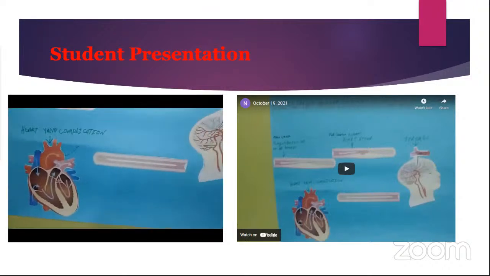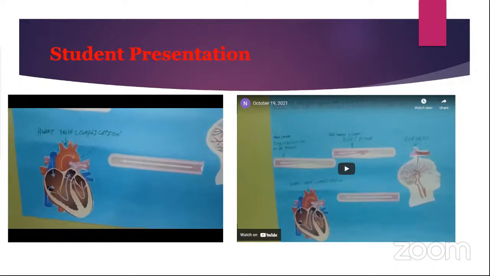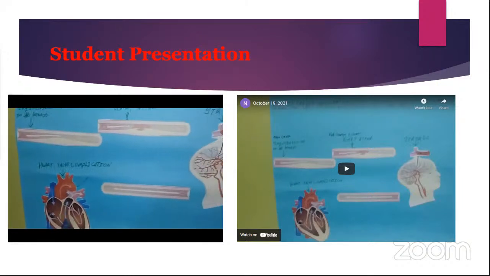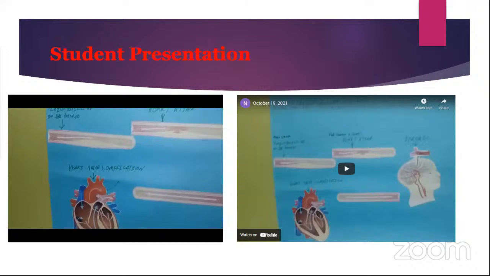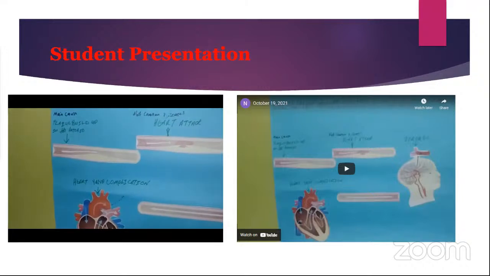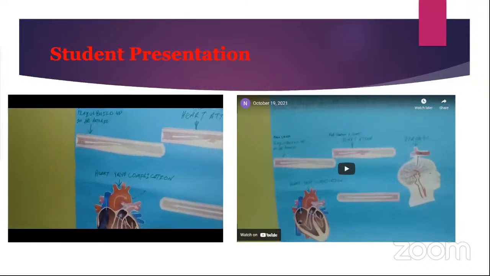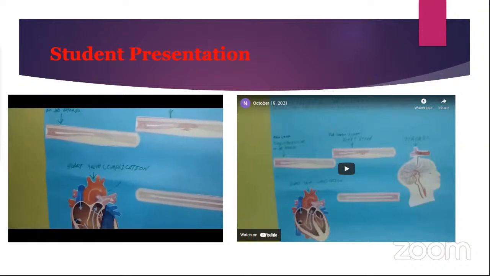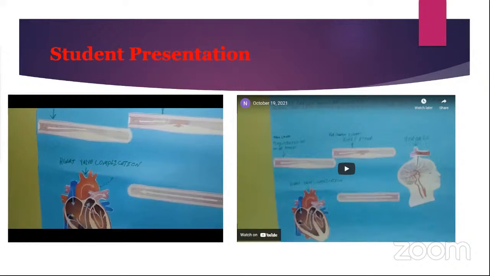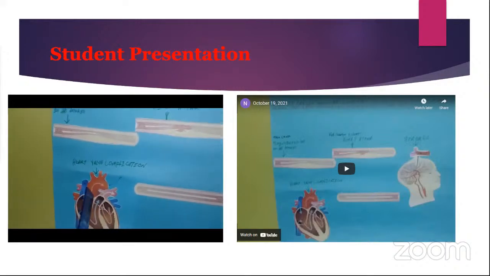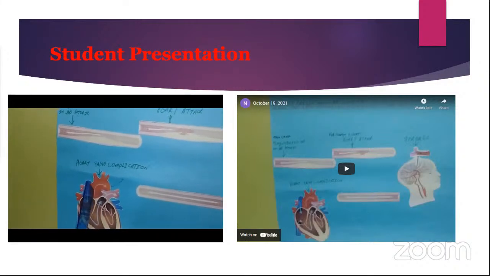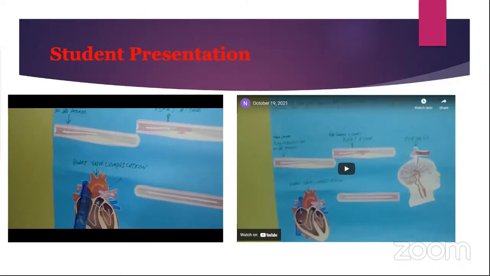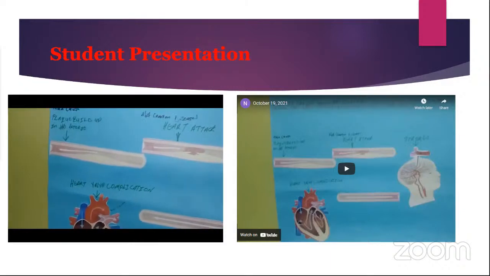Then we're going to look at heart valve complications, and this is a diagram of the heart. We have the left atrium, or auricle, and the right atrium, or auricle, and down here we have the left ventricle, the right ventricle, and this here is called the aortic valve.